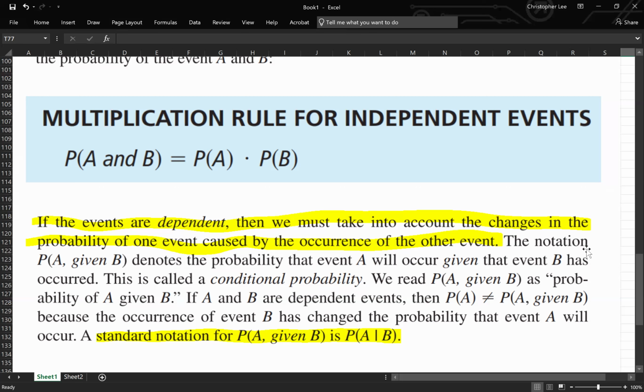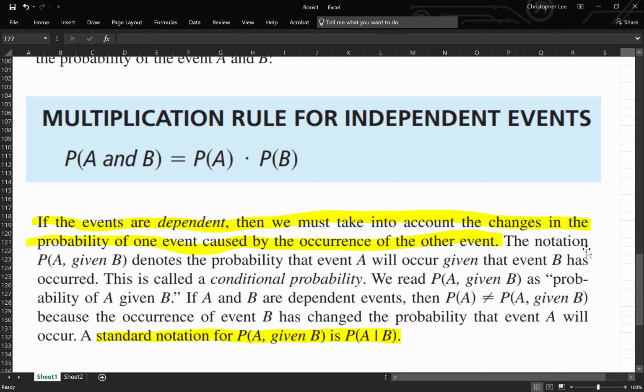If A and B are dependent events, then the probability of A does not equal the probability of A given B, because the occurrence of event B has changed the probability that event A will occur. The standard notation for the probability of A given B is P(A|B). So when you see A/B on your formula sheet, it means the probability of A given B.